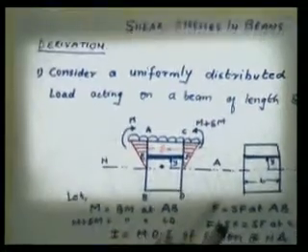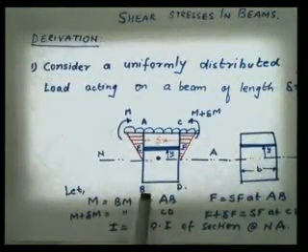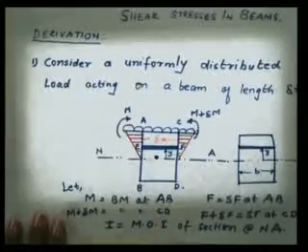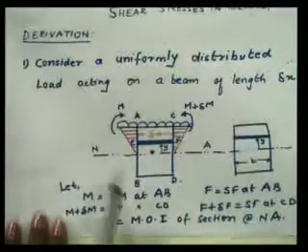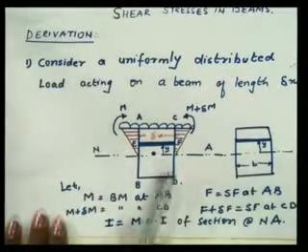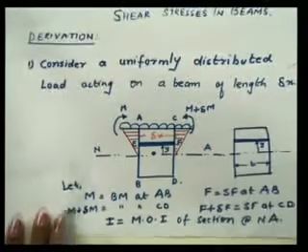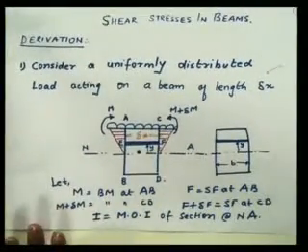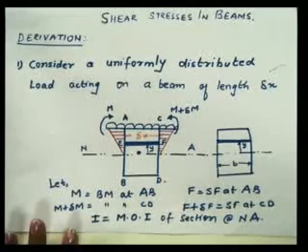So you can see this particular diagram. In this diagram we have taken a beam of length L, and it is subjected to a uniformly distributed load W kilonewtons per meter.